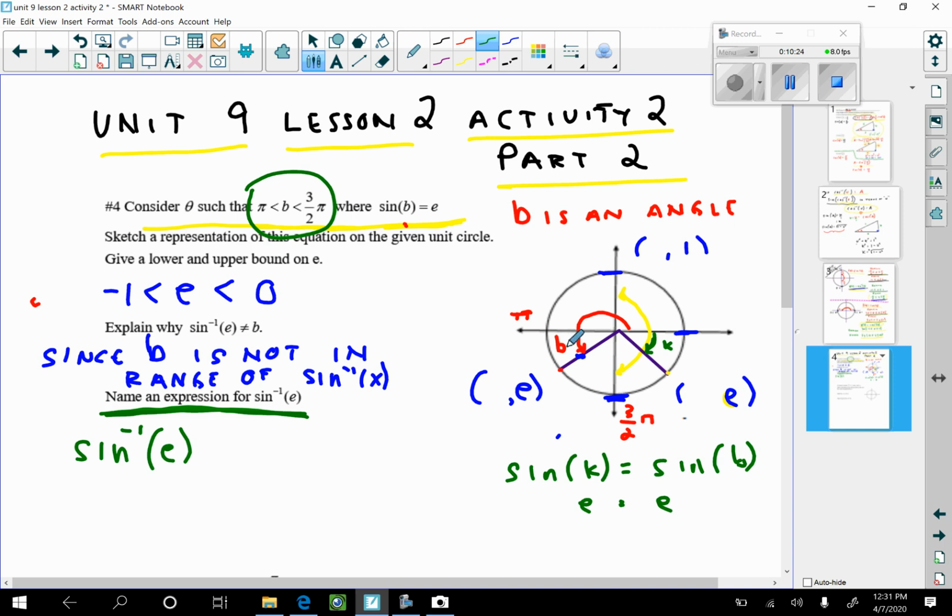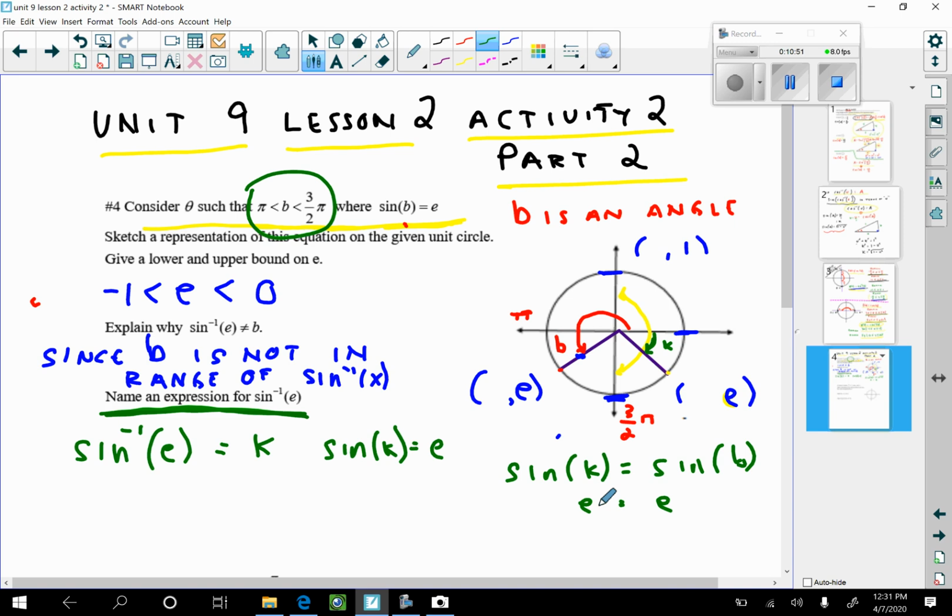We can just let that equal K, because we know that the sine of K is equal to E. But I want to go one step further and say, what is K in terms of B? Can I put K in terms of B?